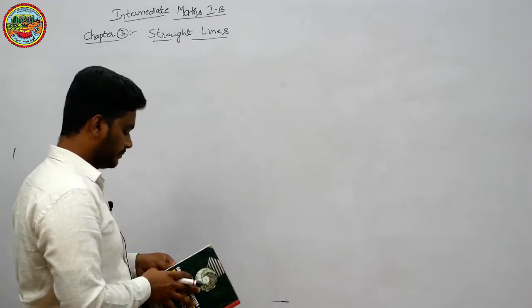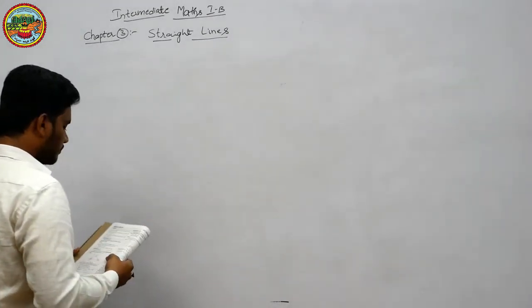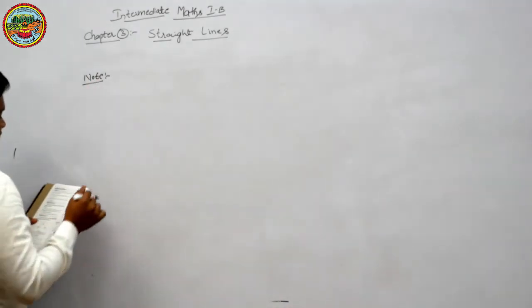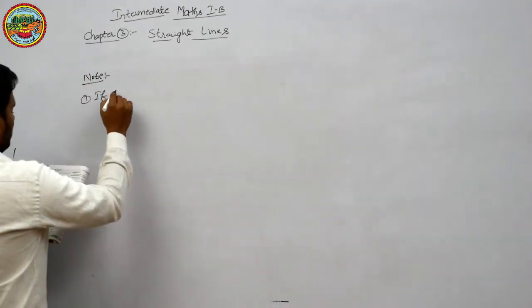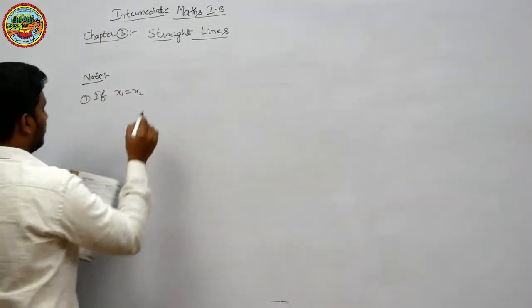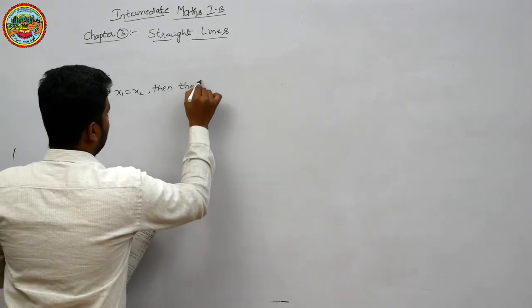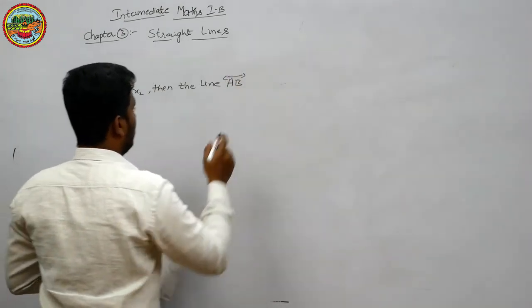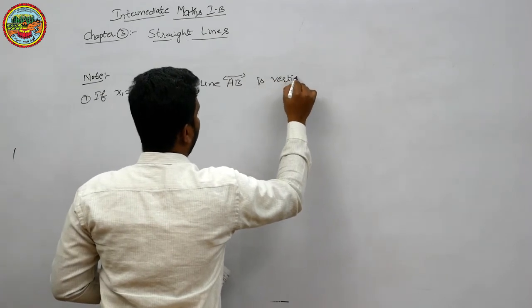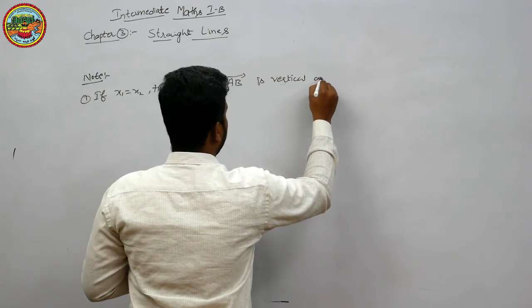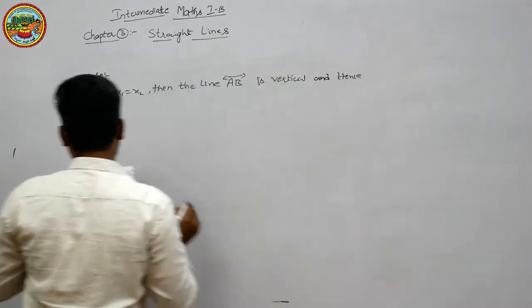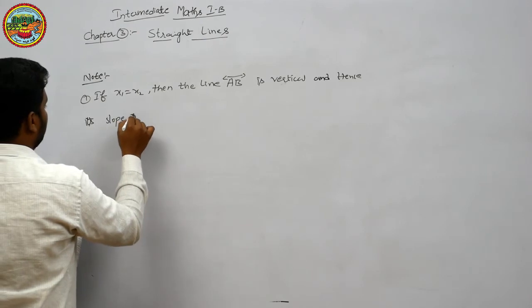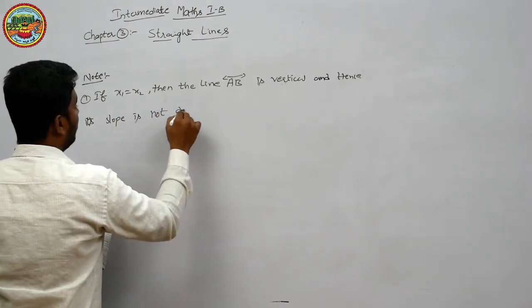So next, here is one note point: if x1 is equal to x2, then the line AB is vertical and hence its slope is not defined.